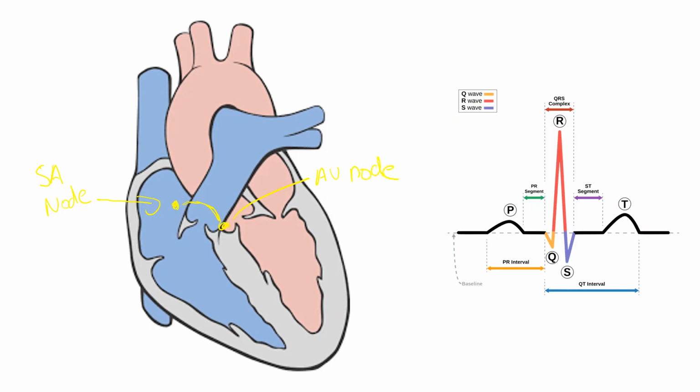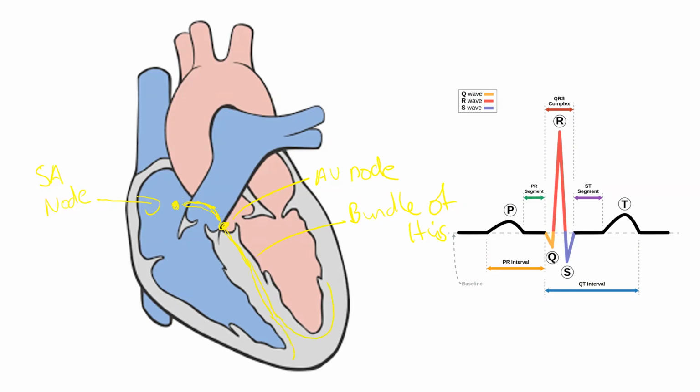From the AV node, it actually slows down the electrical conduction pathway ever so gently. But then from here, it goes down to what's known as your bundle of His. And it branches into your left and your right bundle branches.